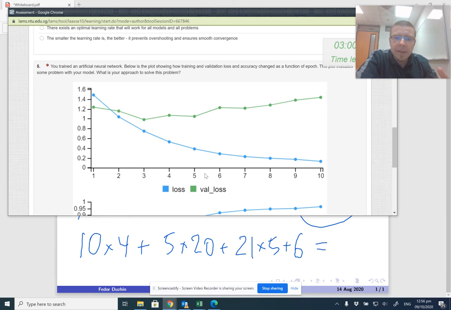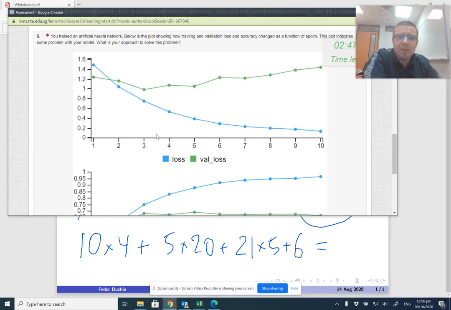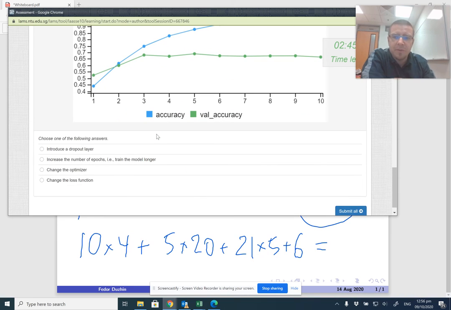This is the sign of overfitting. It means that after this point, our model tries to really fit the random noise rather than the patterns in the data. So this is overfitting, and in order to prevent overfitting, we introduce a regularization.